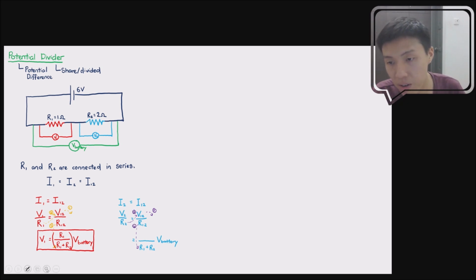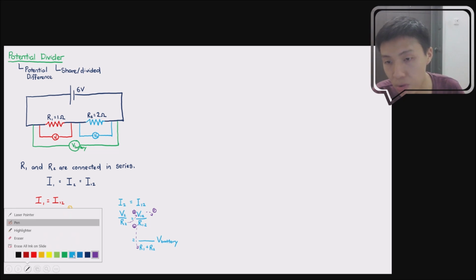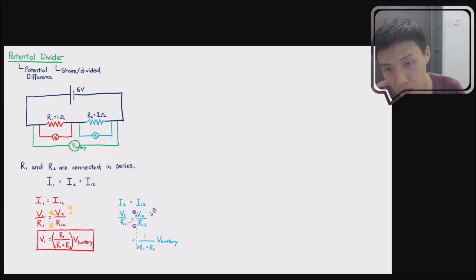If I shift it to the right hand side, now R2 will become our numerator, so I put it above the fraction. So now I'm left with V2 is equal to R2 over R1 plus R2 multiplied by V battery. Again, this is the final equation that I wish to obtain.